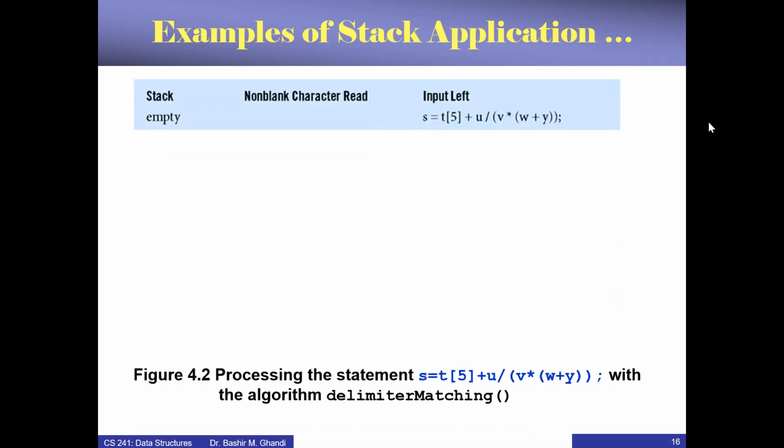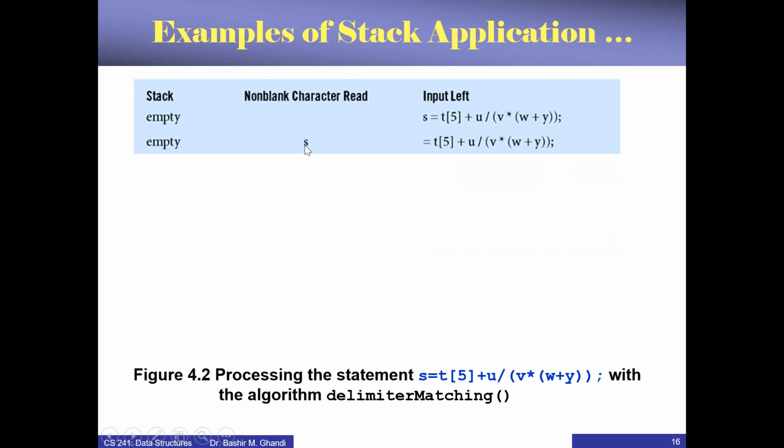This is showing you, according to the figure we have in the book, figure 4.2, how this program will actually work. Okay, so this is the expression we want to check whether it is having matching pairs. This is our stack. We will see the status, and this column will contain the current character. So first we're going to get S. This is the first character.